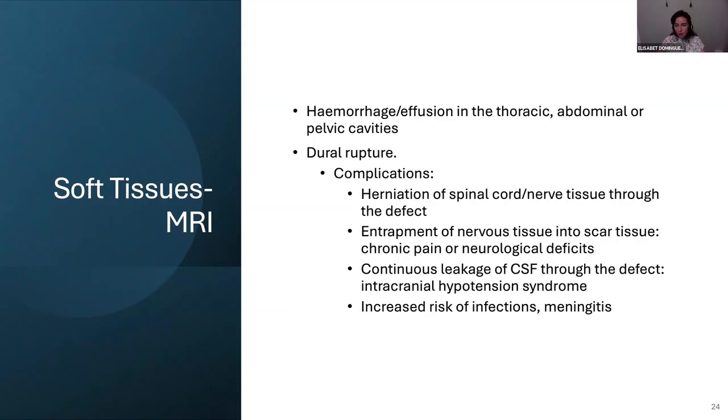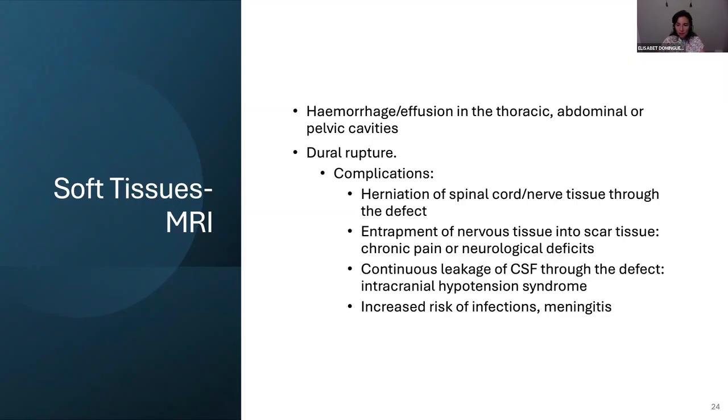Another complication that is kind of difficult to diagnose with MRI, and has been described using mainly myelography, is that in some cases we can see a rupture of the dura mater. And if we do a myelography, what we can see is that the contrast inside the subarachnoid space can leak outside of the subarachnoid space at the site of the rupture of the dura.